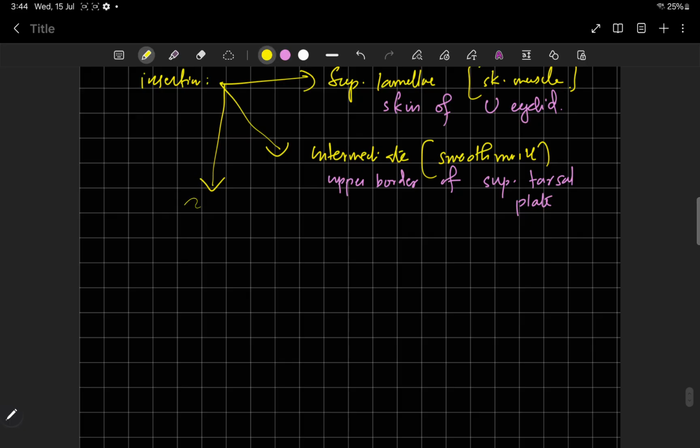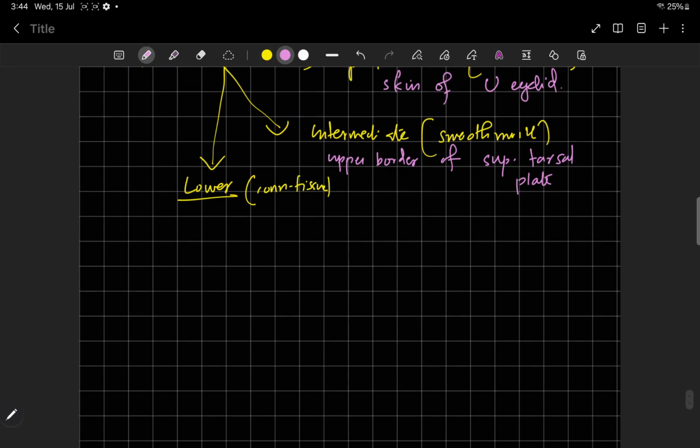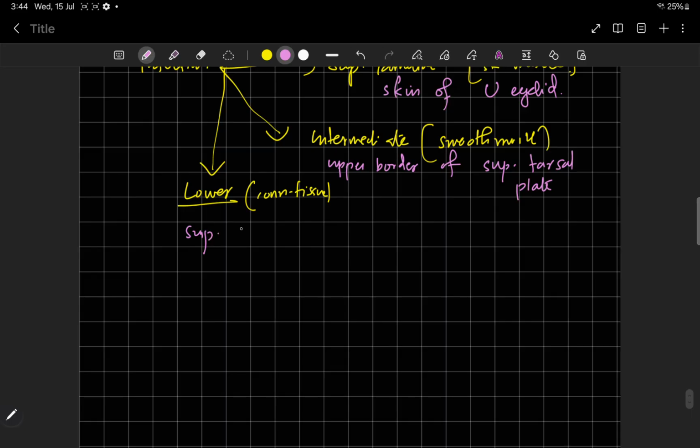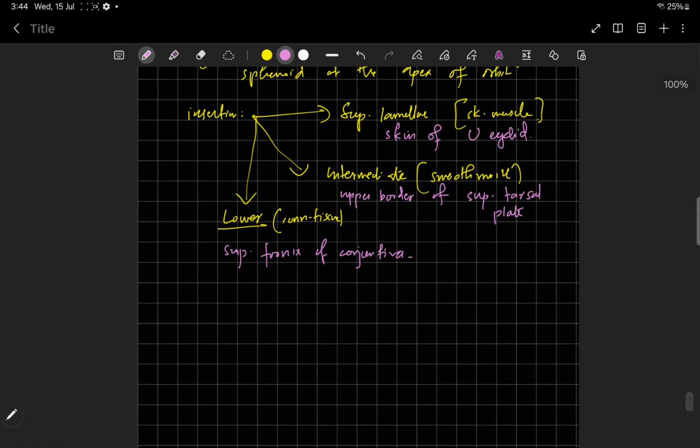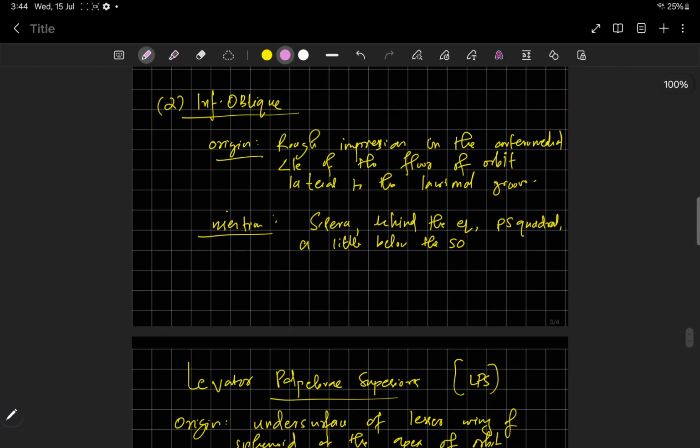And the third part, that is the lower lamella, is made up of connective tissue. It is inserting into superior fornix of conjunctiva. So that's all about the origin and insertion of all the muscles.